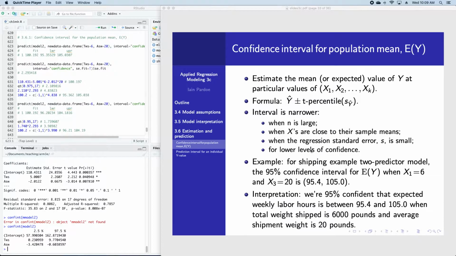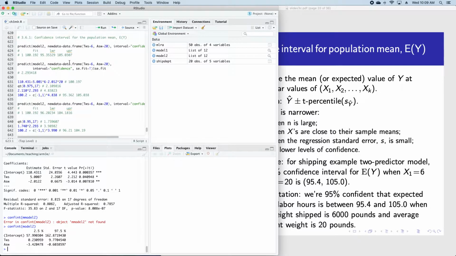So the example that we'll work with is our shipping example again. If I go back to R, our model, remember, just has two predictors in it, total weight shipped and average shipment weight.